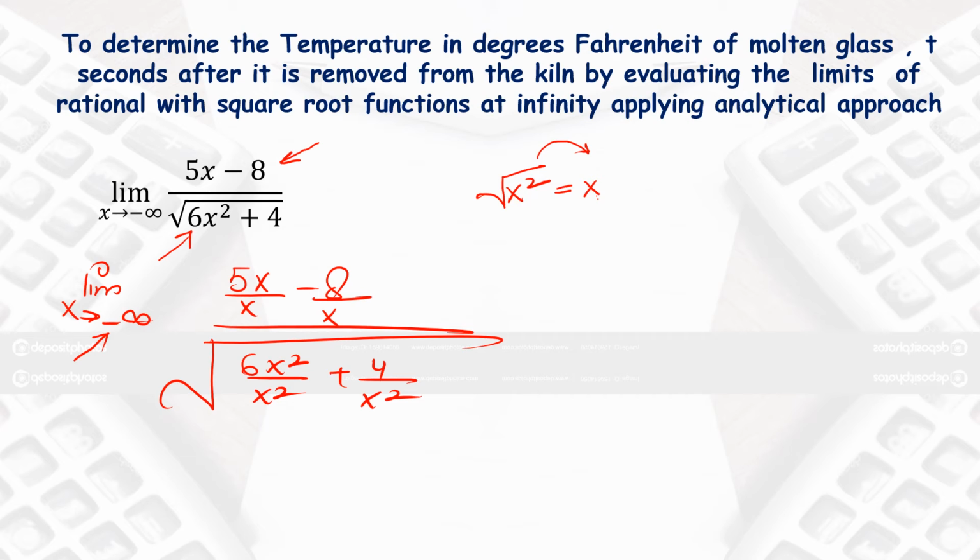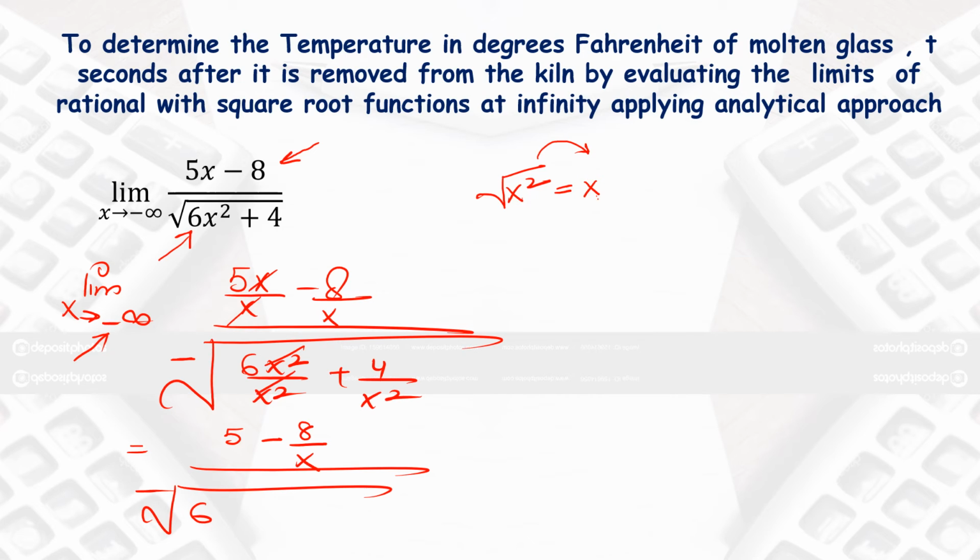So I told you whenever you have a square root and the negative sign, put the negative near the square root. Now solve this, x and x cancel, so you will get 5 minus 8 over x divided by, here you have minus 6 because x square and x square cancel, and 4 over x square.